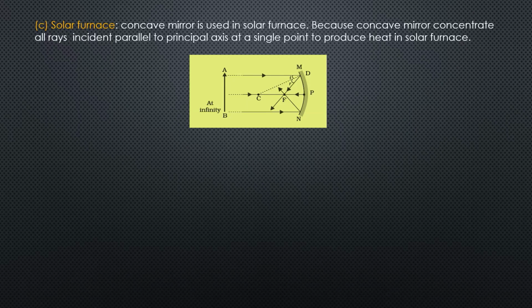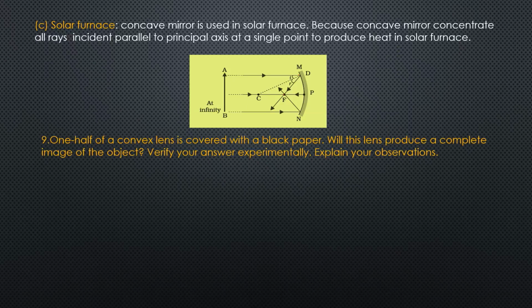As you see in the diagram, parallel beam of light after reflection from the mirror is focused at a single point F. That's why concave mirror is preferred.